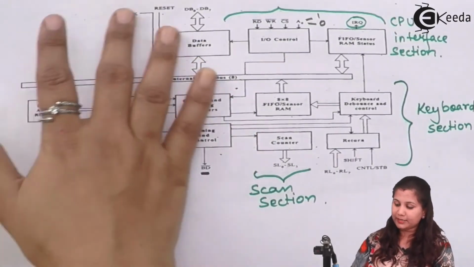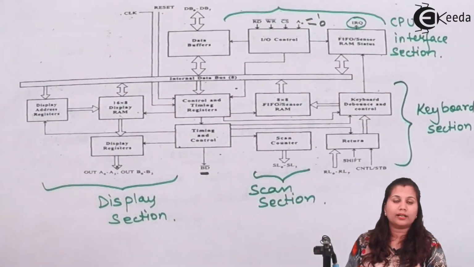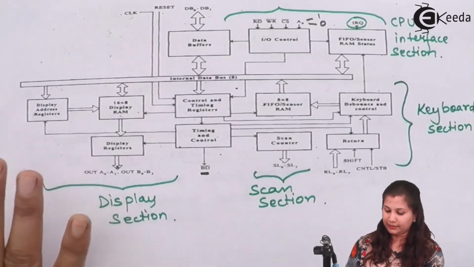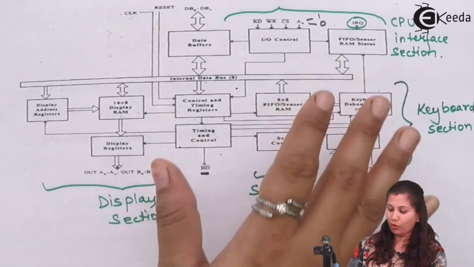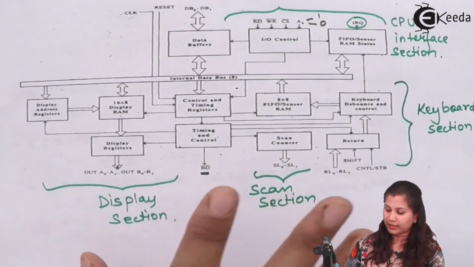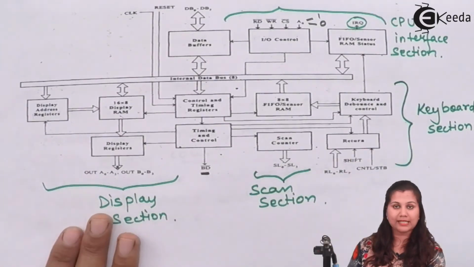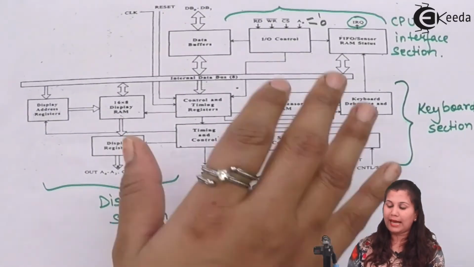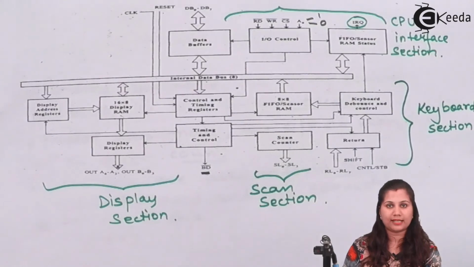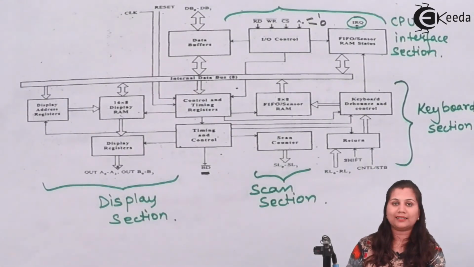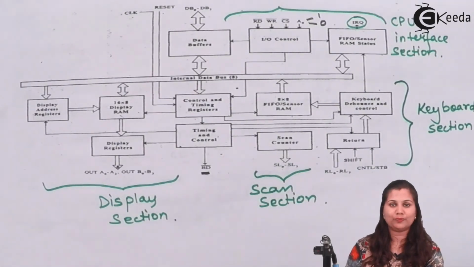So this completes the block diagram of the 8279. In this block diagram, we studied all four sections: the keyboard section, the display section, the scan section, and the CPU interface section. I hope that this topic is clear to you. Thank you.